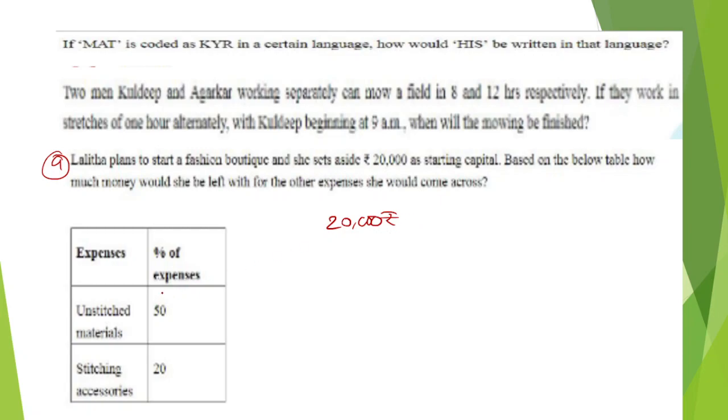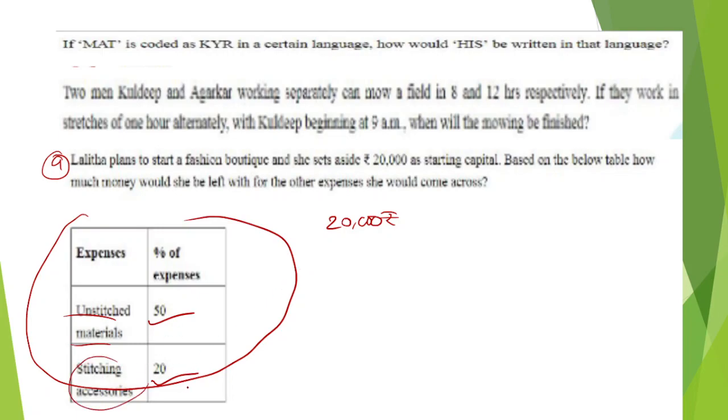This is the chart given: she spends 50% of her salary on unstitched materials for purchasing, and 20% on stitching accessories, so a total of 70% she has spent till now. So we will multiply by 70% here.